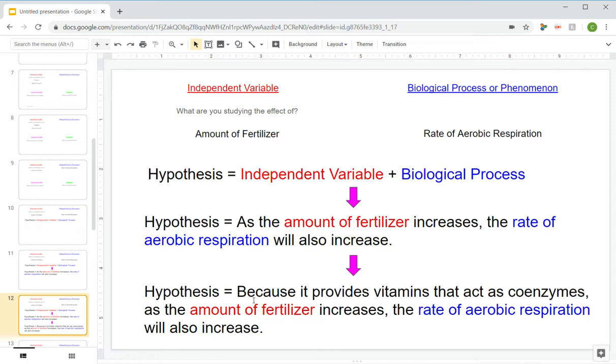Enzymes run the world. I think the vitamins that are in there matter because enzymes do need coenzymes, things like vitamins that are vital to their function. So that's my rationale: it's providing coenzymes for the enzymes that run aerobic respiration. So the more of that material they have, the faster the rate can go.